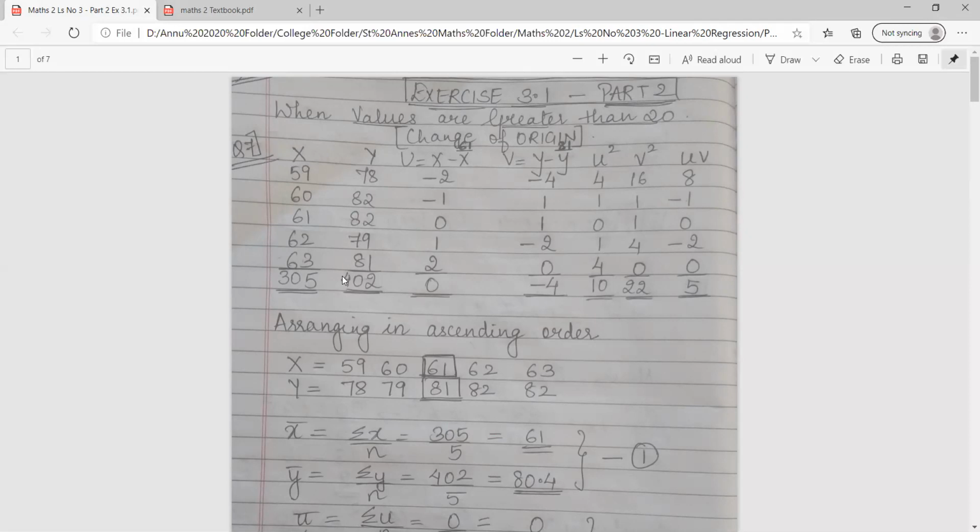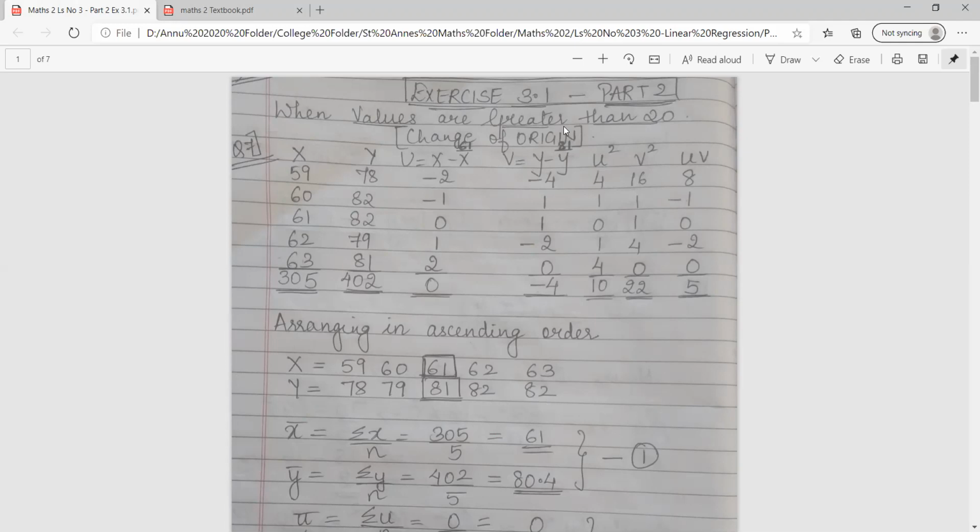The very first trick is you will arrange the values of X and Y in ascending order. So as you can see, I have placed the values of X in ascending order like 59, 60, 61, 62 and 63. In the same way, I'll arrange the values of Y in ascending order. So I'll get 78, 79, 81, 82 and again 82.